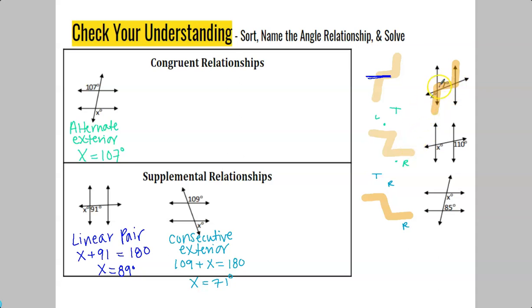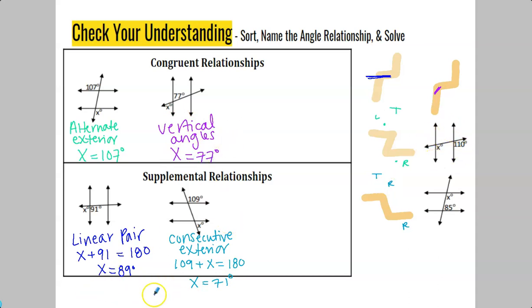Well, hopefully we see that these angles are across from each other. And if they are across from each other, then they are vertical angles. And vertical angles are congruent. So this one is a vertical angle. And if they are congruent, that means x is equal to 77 degrees.